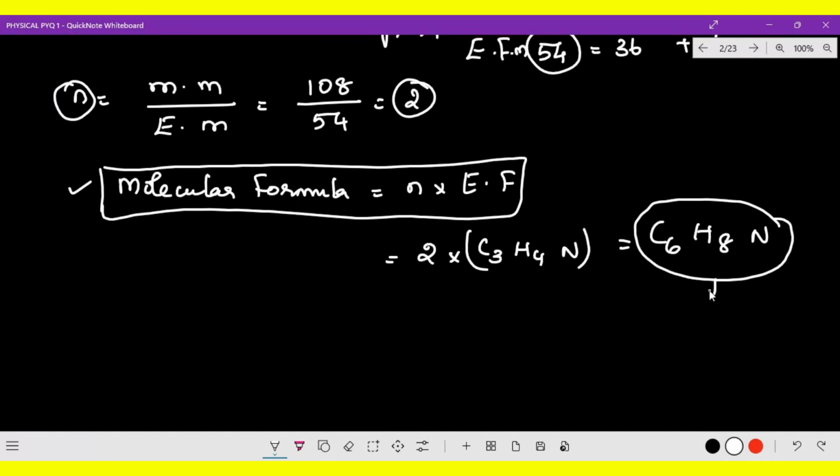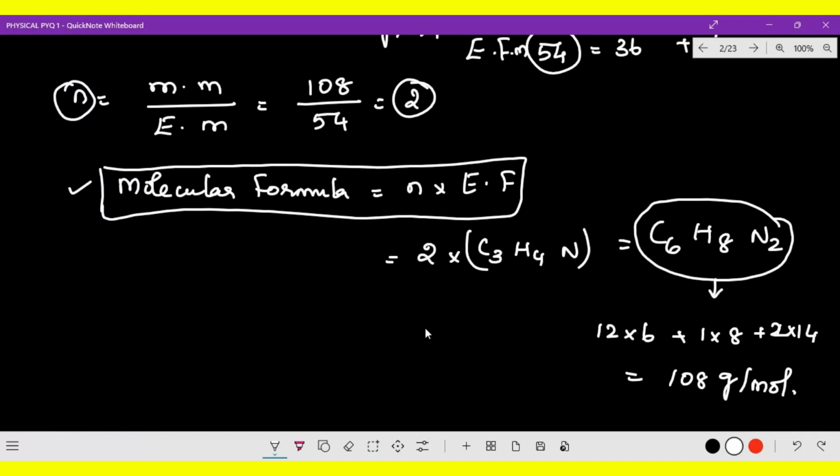Now you just check it, checking way. So 12 into 6 plus 1 into 8, plus 2 into 14. So you will get altogether 108. This is gram per mole. Why? Because it is the complete molecular mass.